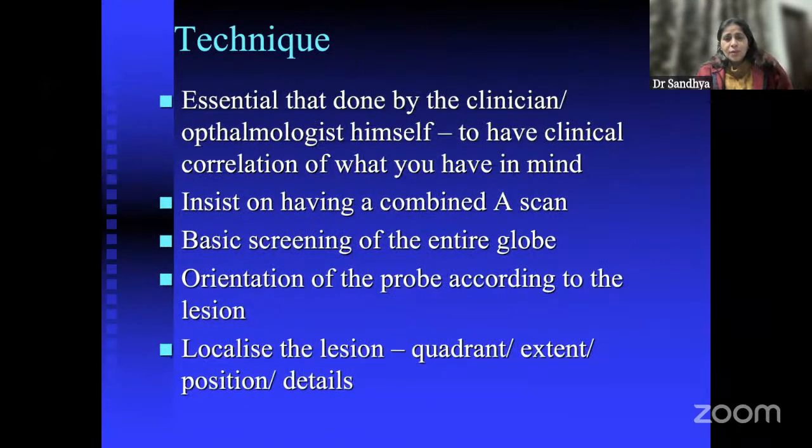On the technique, the most important thing I would say is that it should essentially be done by the clinician or the ophthalmologist, like a retina surgeon, who is dealing with the case. Suppose I am dealing with a case and have to take the patient for surgery. I would like to do the ultrasound B scan myself, rather than giving it to my technician who does the scan and sends me the images, because I want to see the orientation of my probe while doing the scan live, the plane of the scan and the plane of the eyeball.